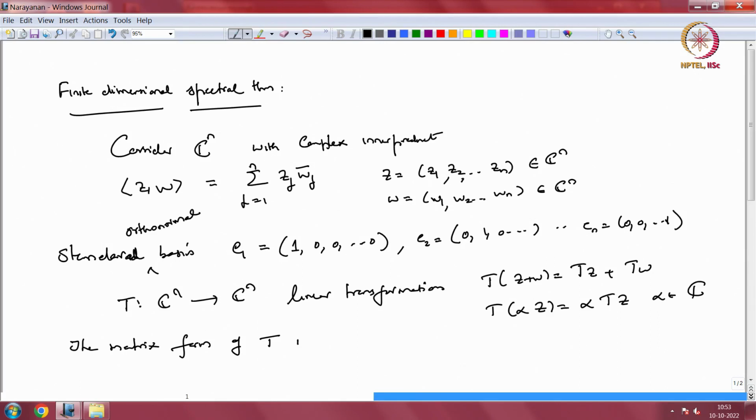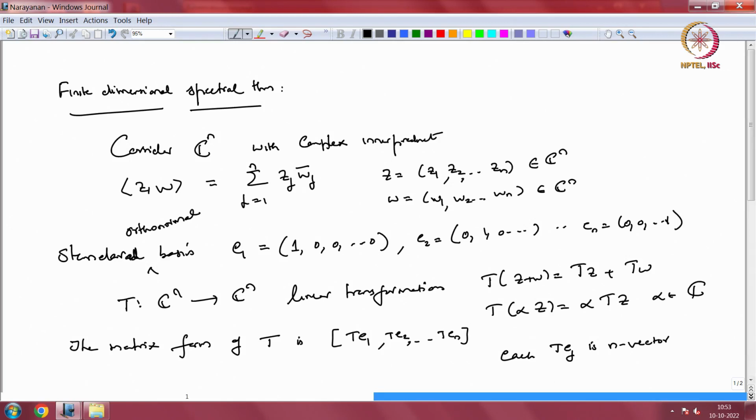Matrix form of T is, well, you can write it like this: Te1, Te2, etcetera, Ten. Right. Remember that Te1 is a vector in Cn, so it is a column vector, right. So each Tej is an n vector, right. Think of them as column vectors. You will get an n by n matrix form for T, which we will write down.